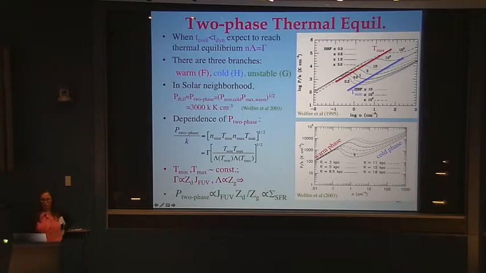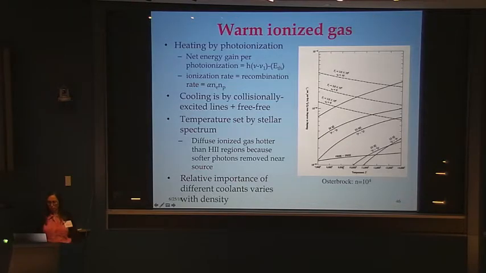So if you look at the predicted equilibrium curve at different places in the galaxy, that's really just scaling with star formation rate. So the pressure is telling you something about the star formation rate, which is producing the heating. If we're thinking about the ISM in a generic way, where the pressure is higher, that should be where the star formation rate is higher, and vice versa. And I'll get to that more on Thursday.